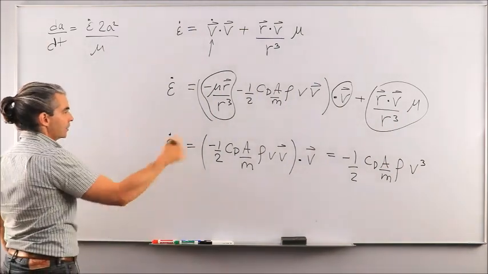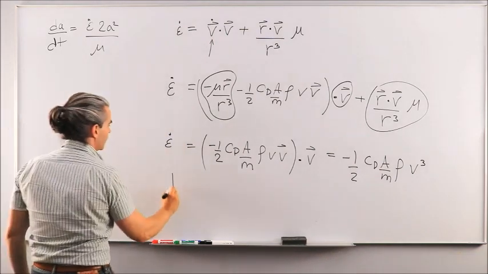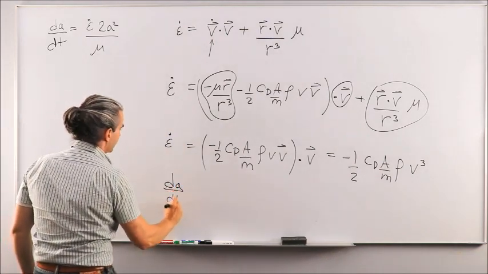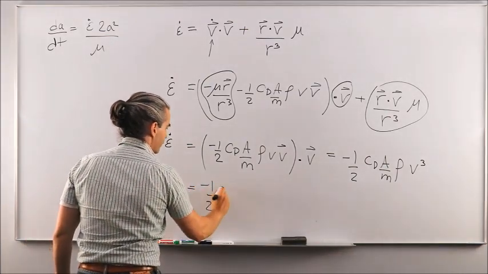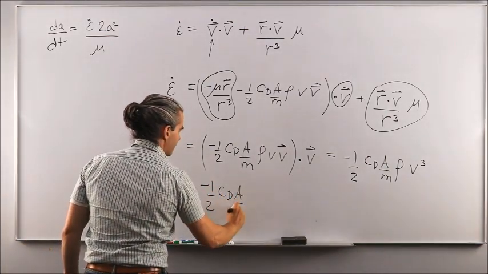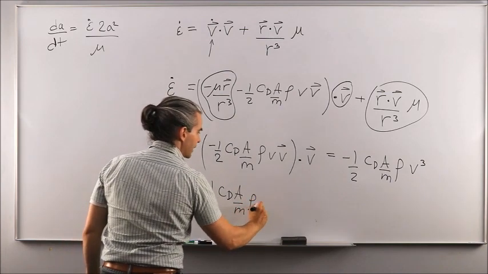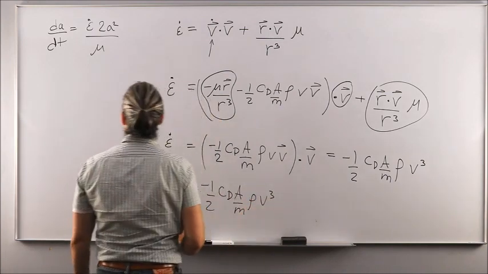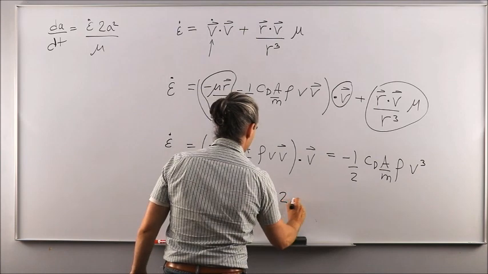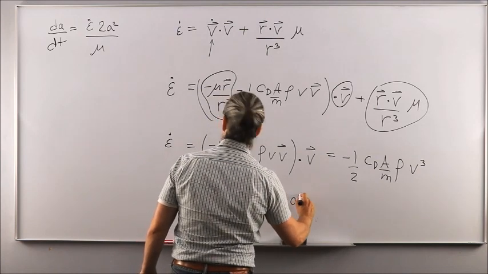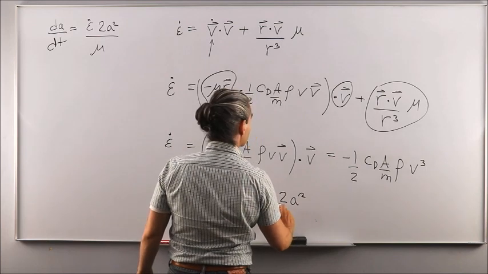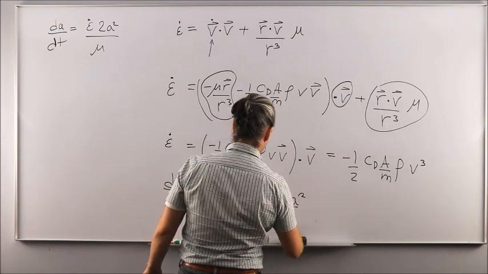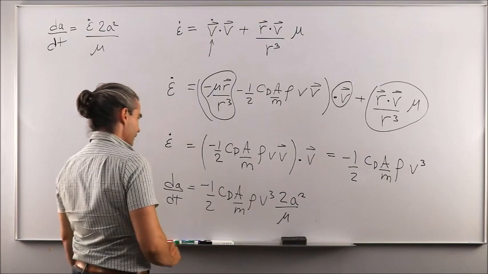But because of drag, those things aren't 0 anymore, so we can come back and write da/dt equal to minus 1/2 CdA over m rho speed cubed times 2 semi-major axis squared over mu. Let's put it there. Okay?